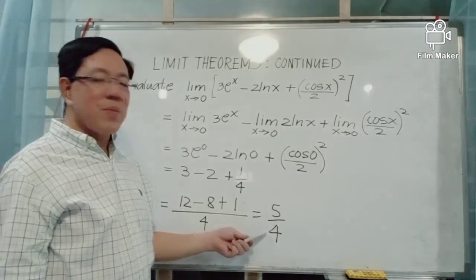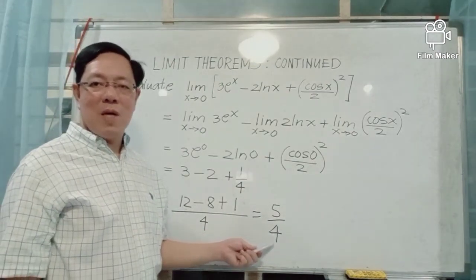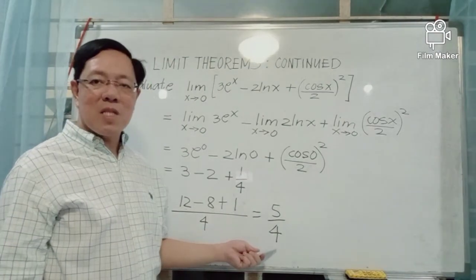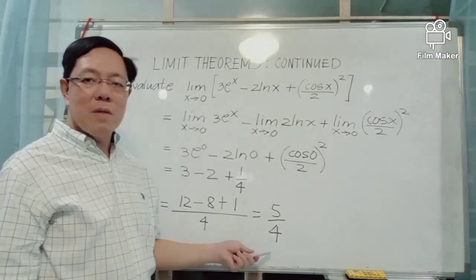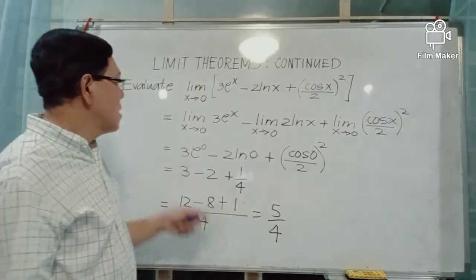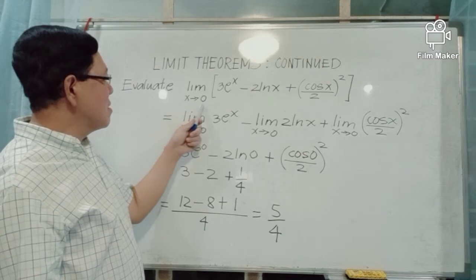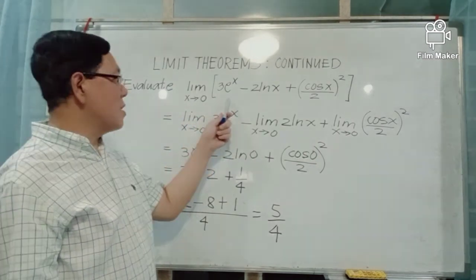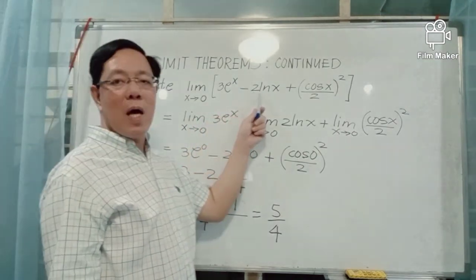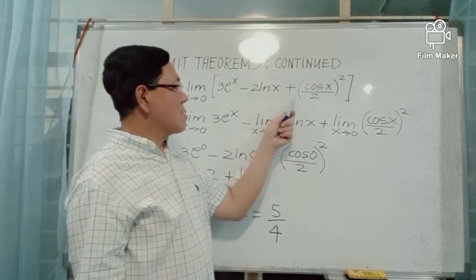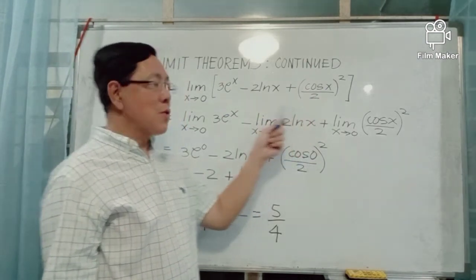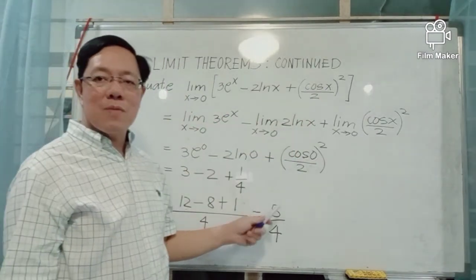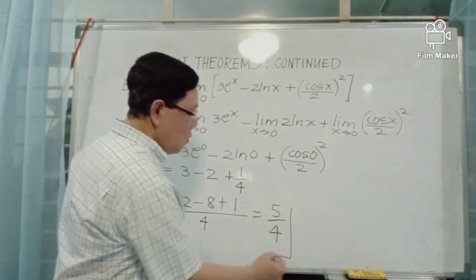This is an improper fraction, and you can always write this as a mixed fraction by dividing 5 by 4. Hence the limit of this function 3e to the x minus 2 ln x plus the square of cosine x over 2 as x approaches 0 is 5 over 4.